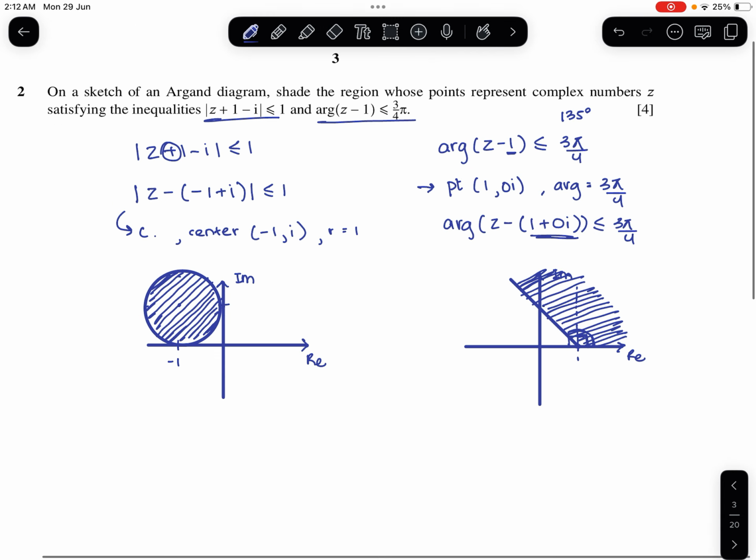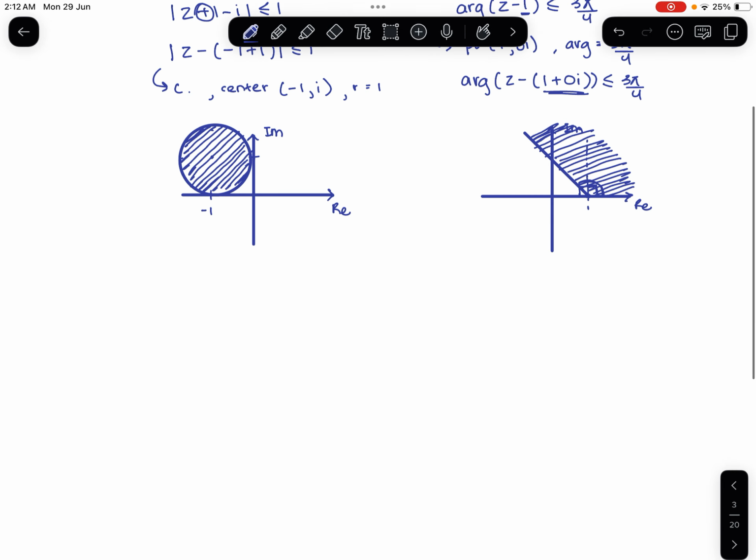So now if I want to draw these two together, let's try and draw it as properly as we can. We have our horizontal and vertical axes, this as real and this as imaginary, and we had our points here, so roughly here. Let's try over here.